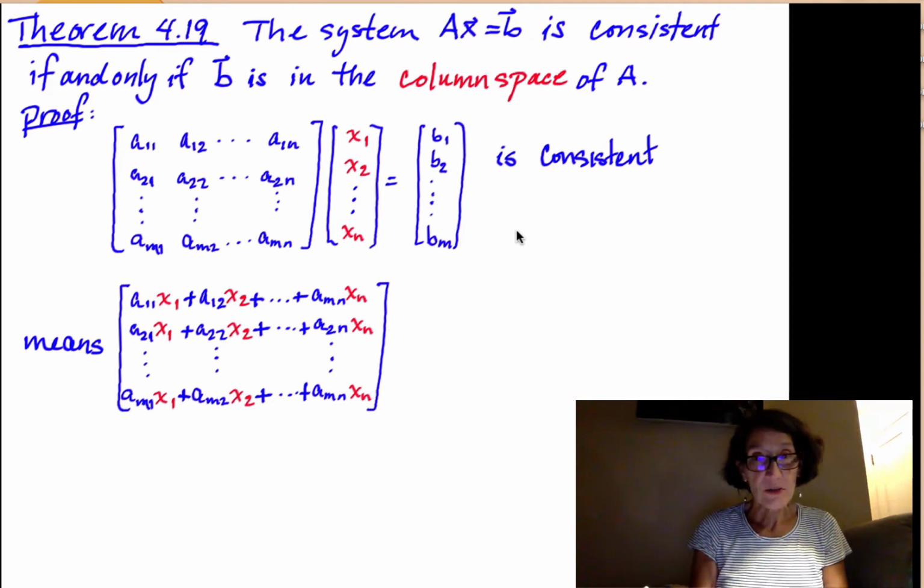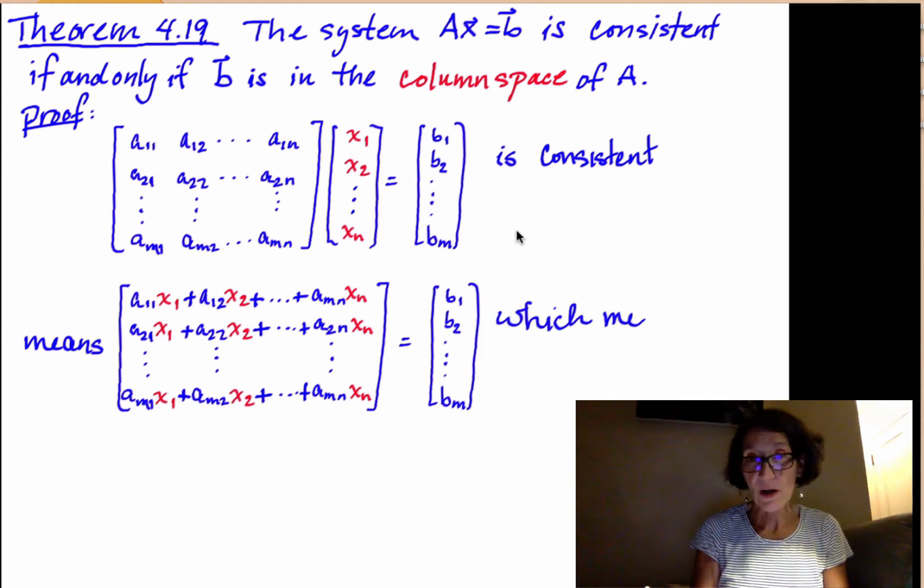So the system is consistent means that this vector, this m by 1 matrix, a vector from Rm, has to be equal to the b vector, b1, b2, up to bm. So those two vectors are the same. And what does that mean?